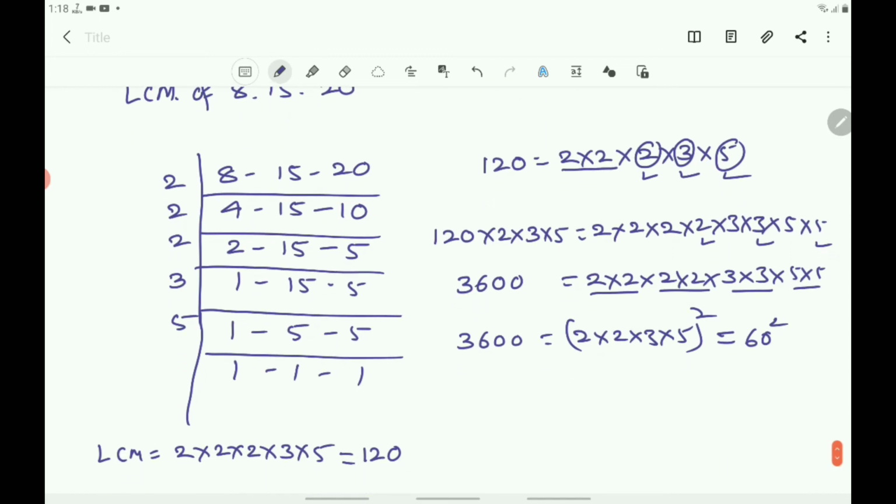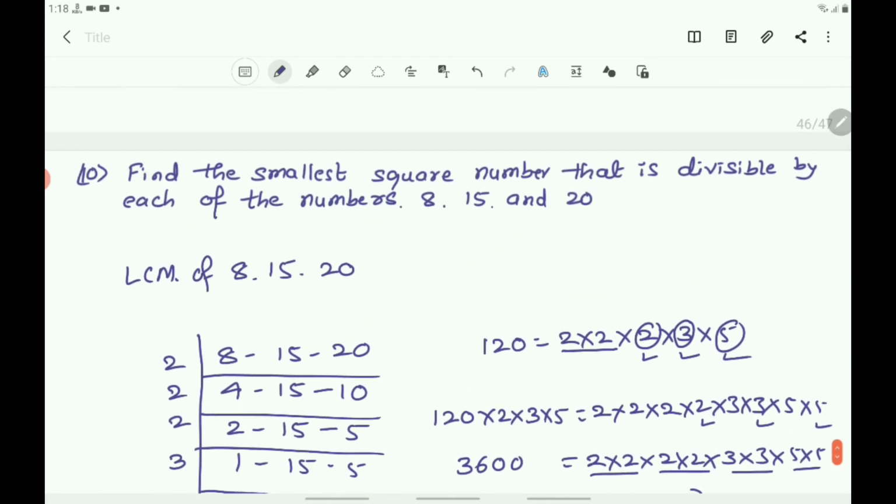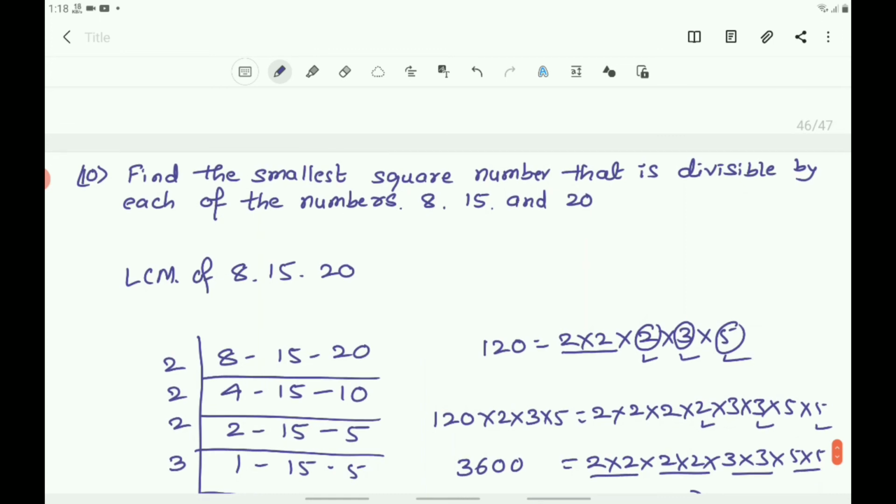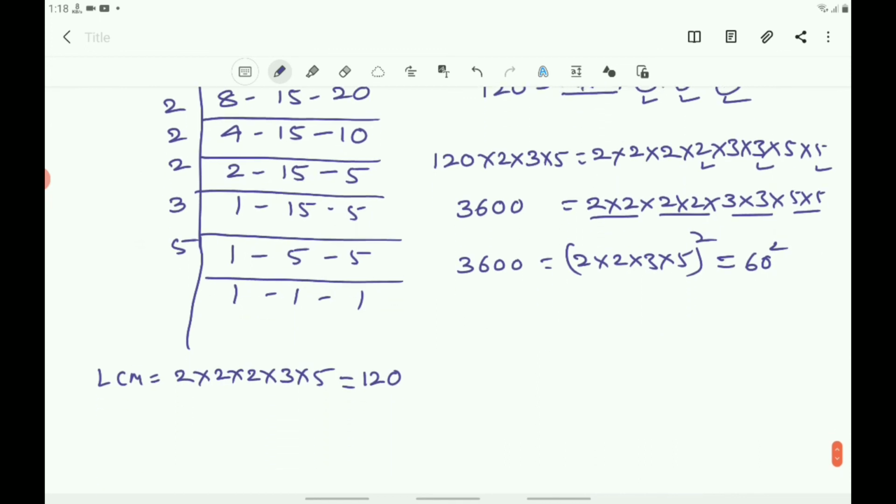Therefore 3600 is the smallest square number that is divisible by each of the numbers 8, 15 and 20.